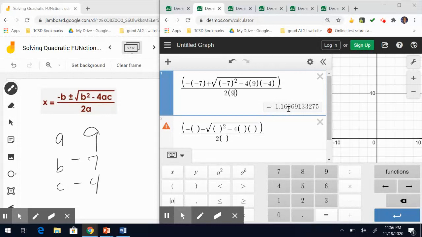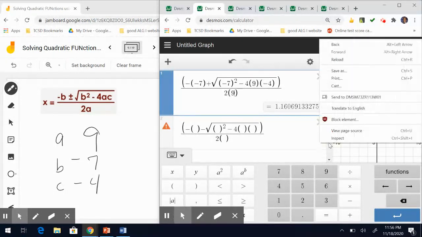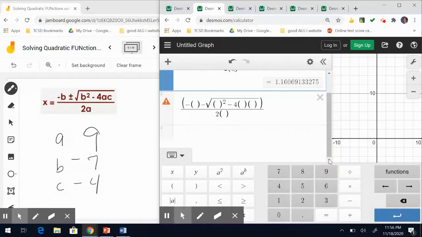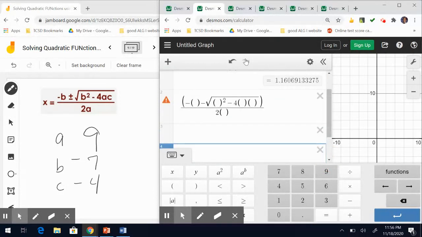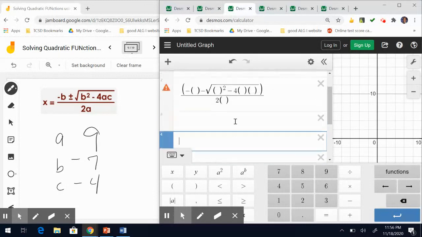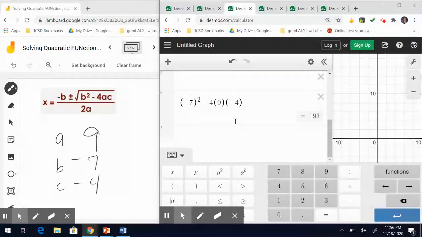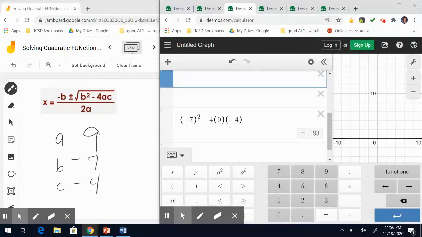Why is this so crazy? Because what's underneath the radical is not a pretty square rootable number. So what's underneath here, I can show you. What I need to do is take what's underneath the radical, which was this junk over here, and I need to calculate it.